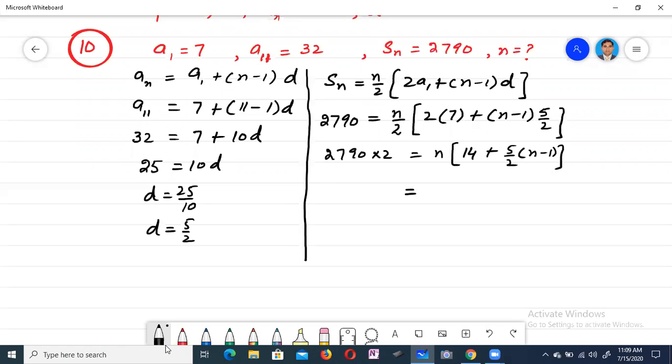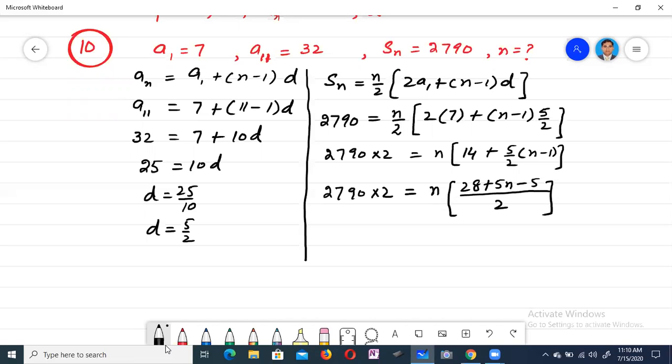This side we keep as it is, 2790 into 2. On the other side, n as it is, and inside the bracket we take the LCM, whole divided by 2. 14 twos are 28, and this 2 cancels, so here will be 5 into (n minus 1). Then we multiply the 5 inside, that will be 5n minus 5.